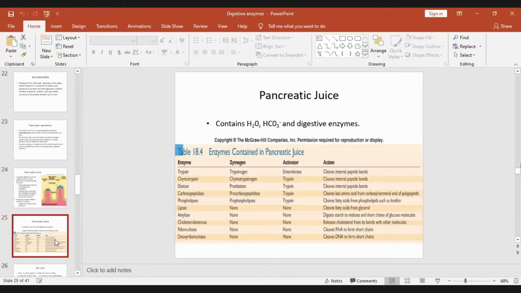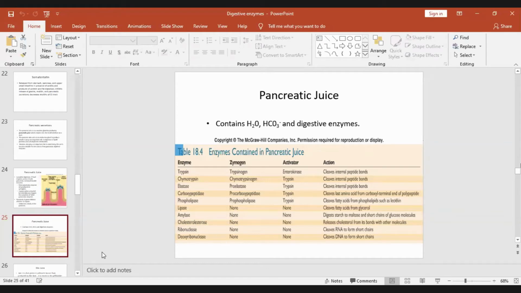Talking about pancreatic juice, the main contents are water, bicarbonate, and digestive enzymes. You can see the list of enzymes. Many enzymes are present in this pancreatic juice: trypsin, chymotrypsin, elastase, carboxypeptidase, lipase, amylase.